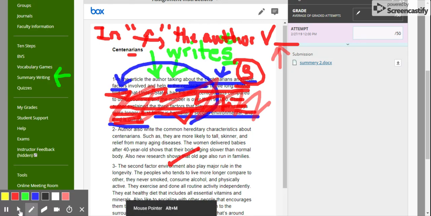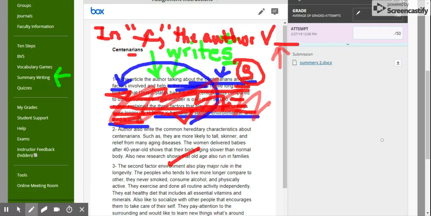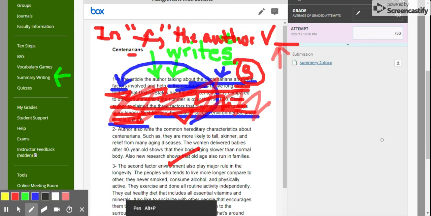Now, one of the things in your essay that I notice is there's a lot of grammar issues. Okay, you need to make sure your subject and your verb agree. There are some awkward phrases. There are some strange grammar points, and I try to highlight those. And if it's a grammar problem, I highlighted it in purple. If it's just awkward language, I highlighted it in green. And those are things that you can change.